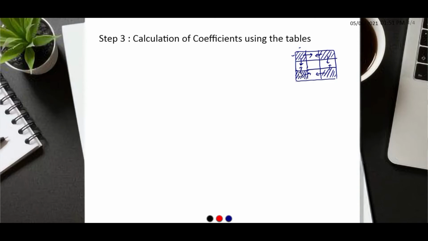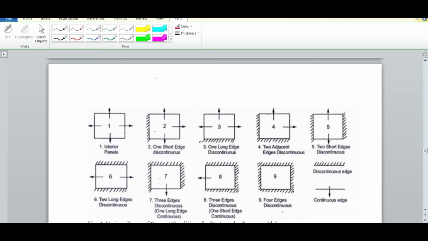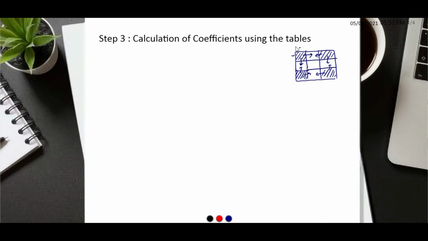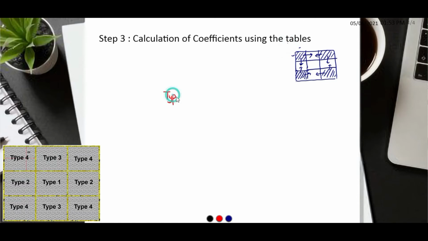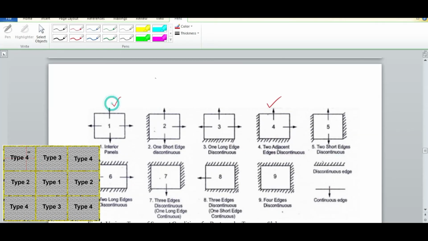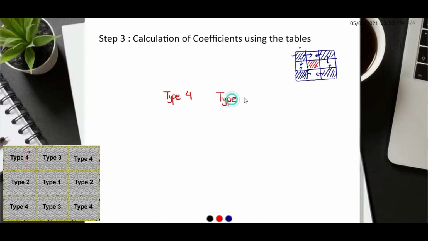So let us identify what kind of slab this is. 2 adjacent edges continuous, and 2 discontinuous: type 4 is the case for corner slabs. So corners are type 4 slabs. Let us write type 4 here. Now note that this middle is continuous in all directions. So the middle slab is type 1 because it is continuous in all directions.